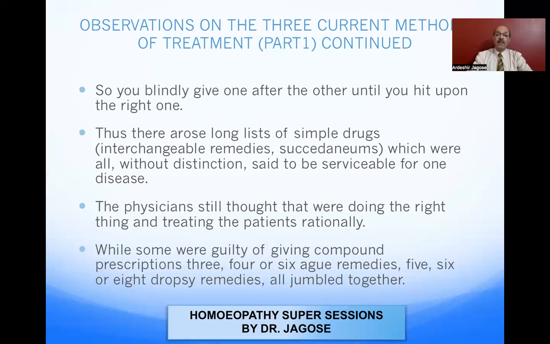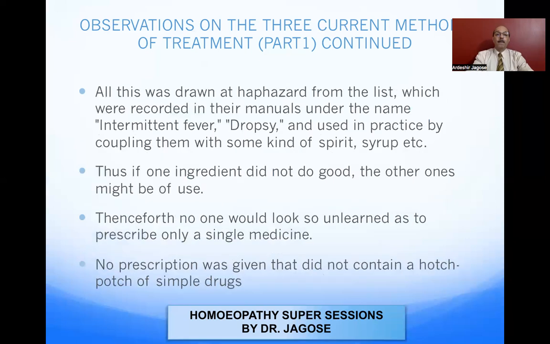While some were guilty of giving compound prescriptions, 3, 4, or 6 ague remedies, 5, 6, or 8 dropsical remedies, all jumbled together. So the physicians of the old school were guilty of giving complex or compound prescriptions, whereby 2, 3, 4, 5, 6 remedies for malarial fever were given, or 5, 6, or 8 dropsy remedies, all mixed together to the patient.